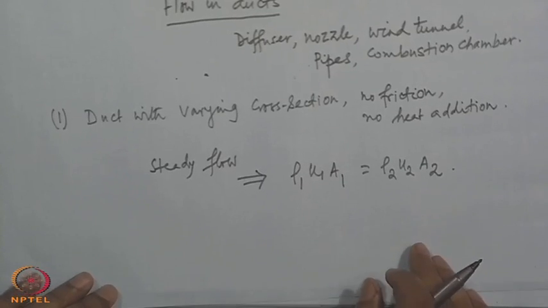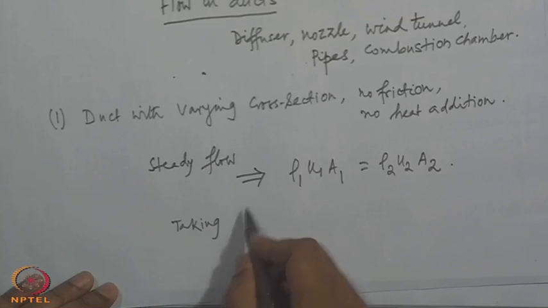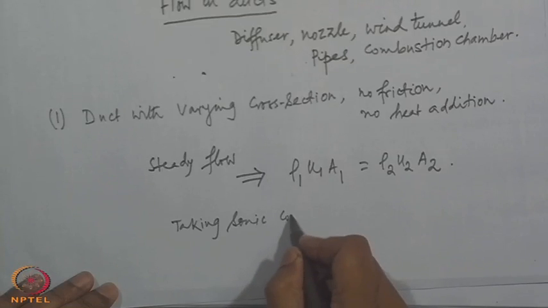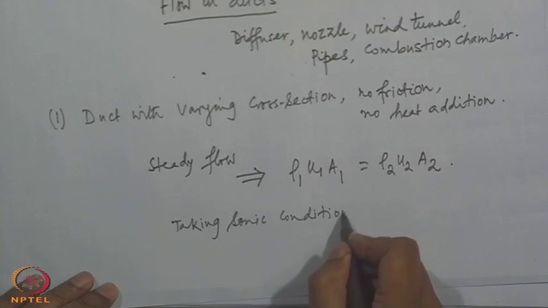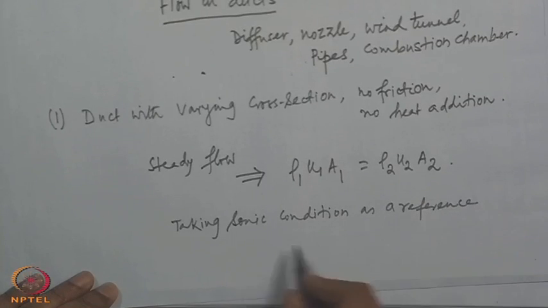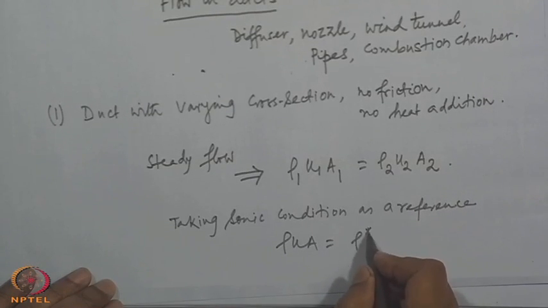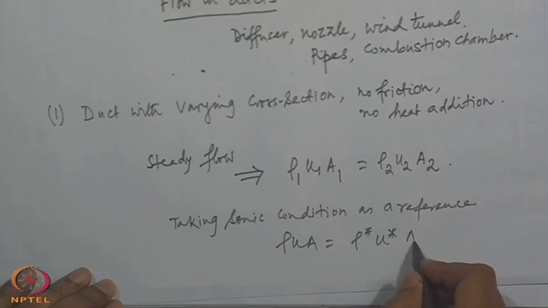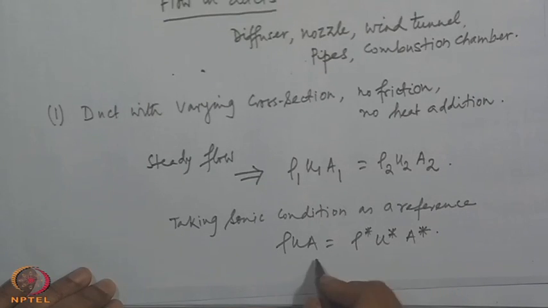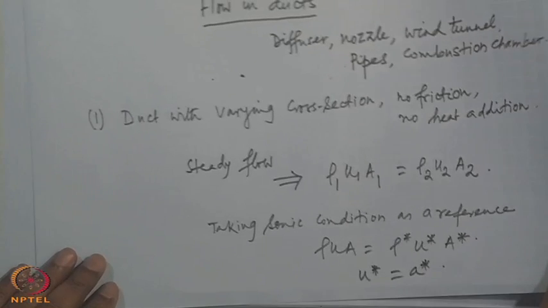Now, if we consider sonic condition as a reference, taking sonic condition as a reference, we have rho u A, and at sonic conditions we have this.